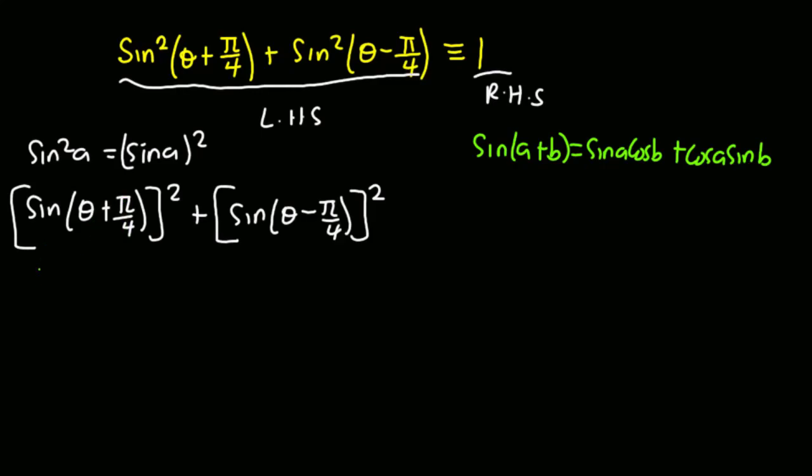So expanding this gives sine theta cos pi on 4 plus cos theta times sine pi on 4.